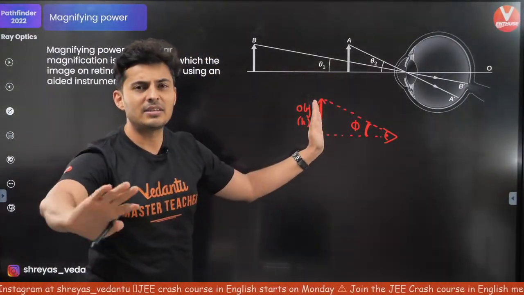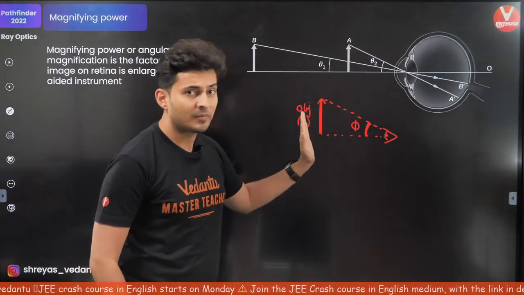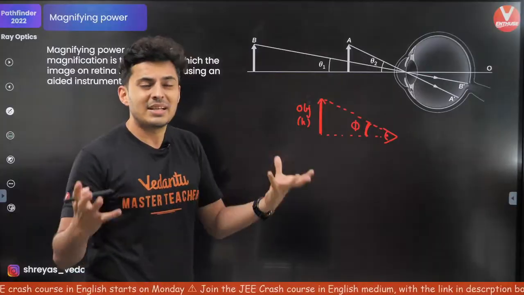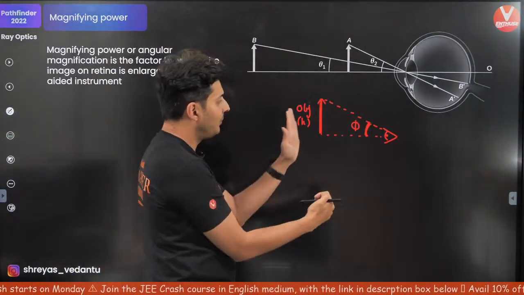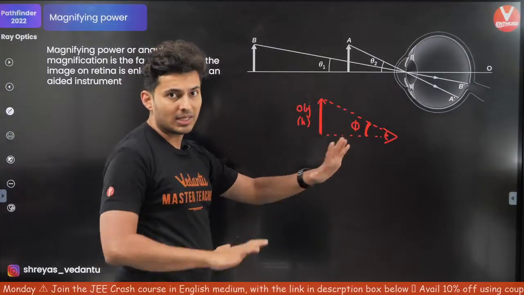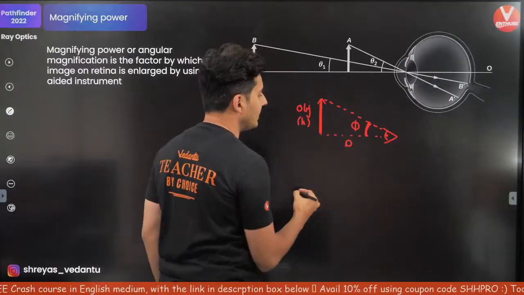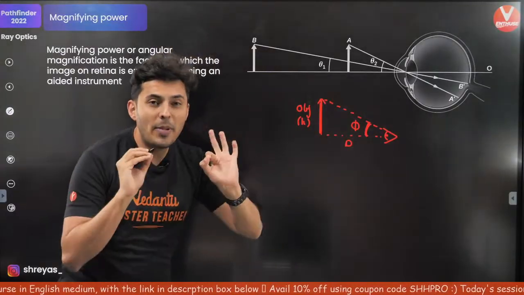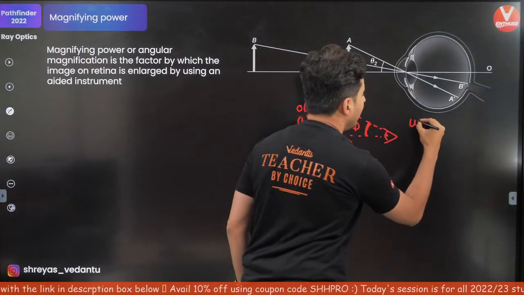What is the maximum distance you can bring it to, until you can see it clearly? The closest you can bring it is basically your least distance of distinct vision. Beyond that, you will not be able to see it clearly enough. So this is D.